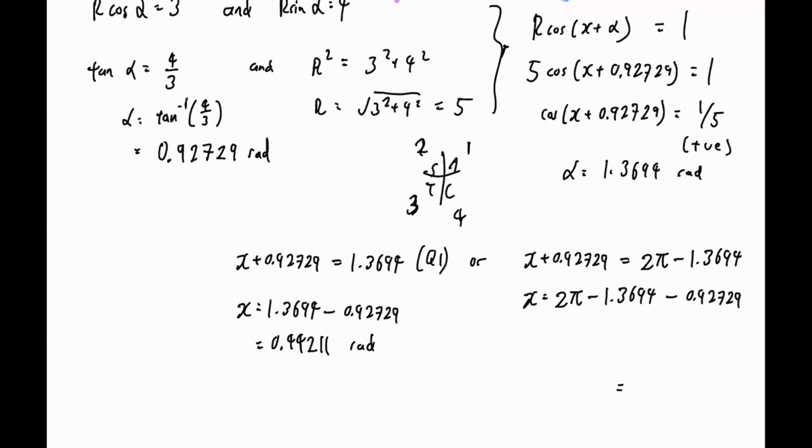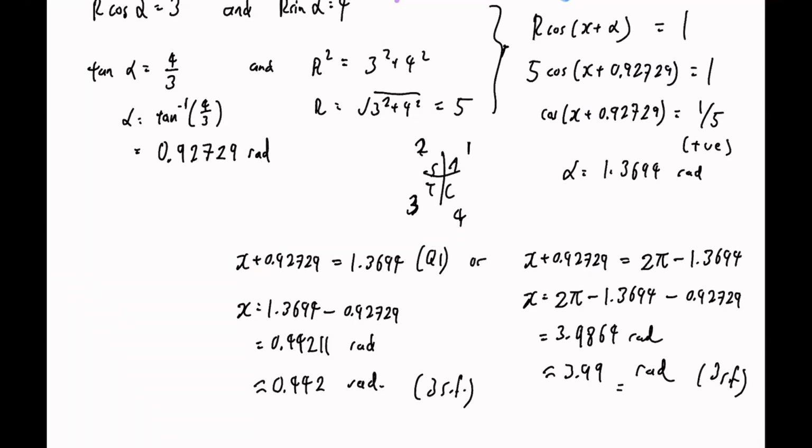Type in the calculator and what do I get? I need to use a calculator. I end up with 3.9864 radians. To 3 significant figures, that is 3.99 radians and 0.442 radians. Okay, and we're done.